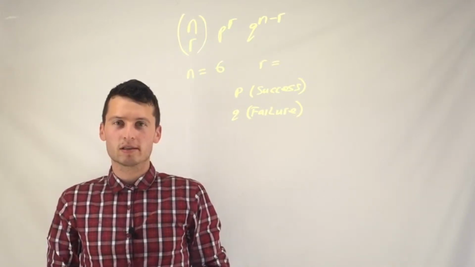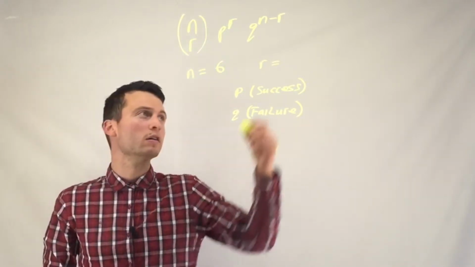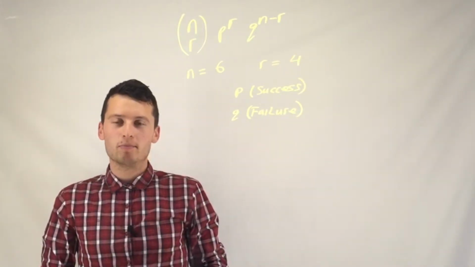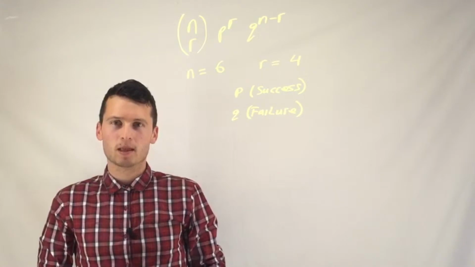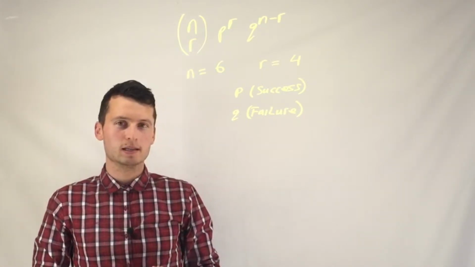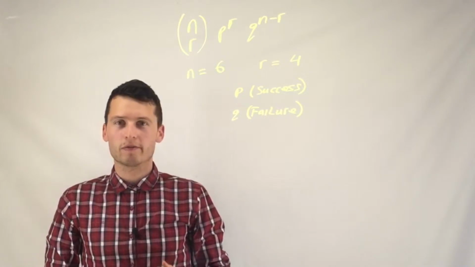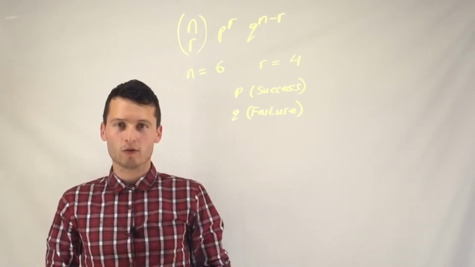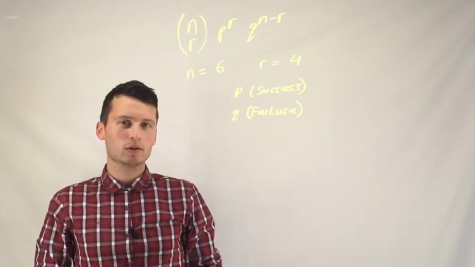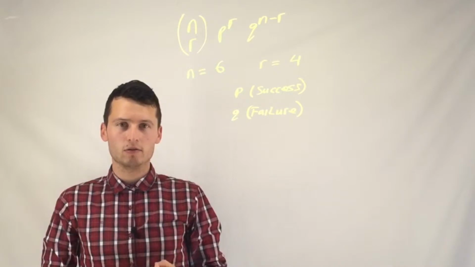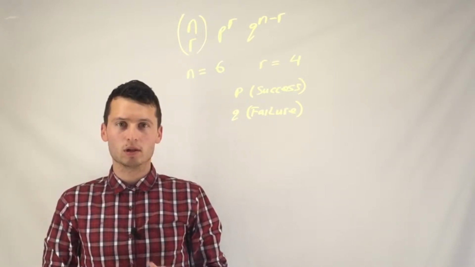So r must therefore be equal to 4. Now p stands for success, and the probability that the basketball player will score is 60%, and therefore the probability the basketball player will miss is 40%. And notice that the probabilities, both p for success and q for failure, must always equal 1.